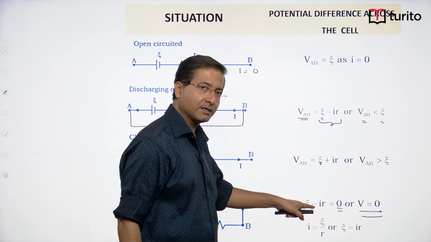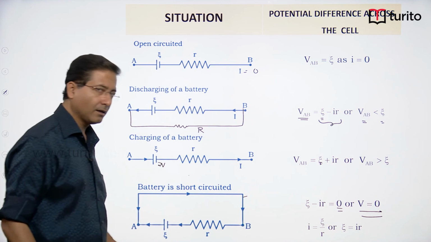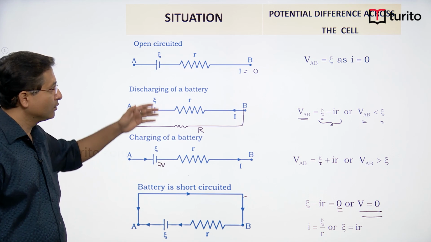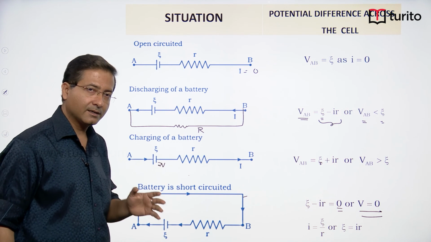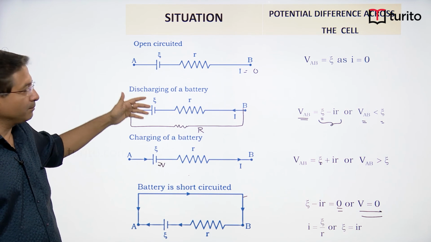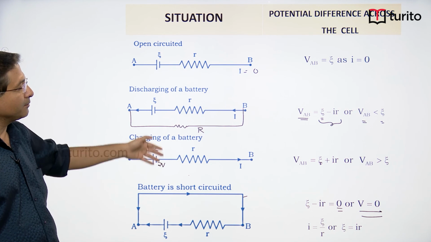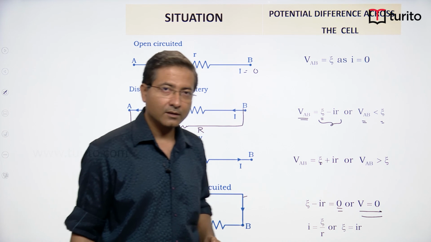If I solve this equation, then I will get I is equal to E by R. You are going to get these cases in circuits, that is why I am discussing all these cases. The battery can be open, the battery might be discharging, the battery might be charging, or the battery might be short circuited, right.